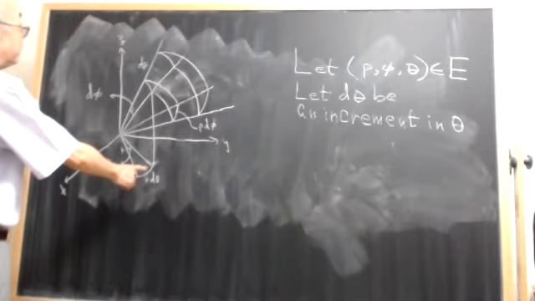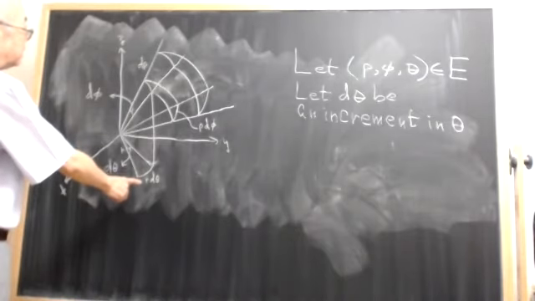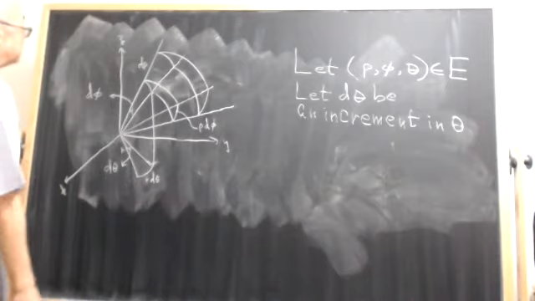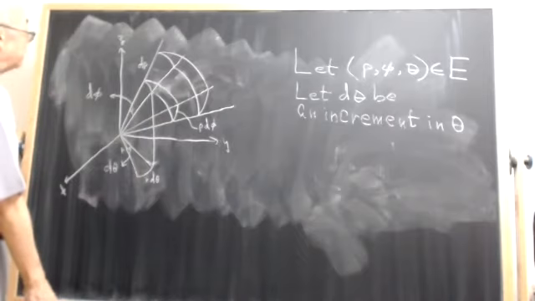This length here, what's this length? Is it rho sine phi d theta? But I see how it goes up there.